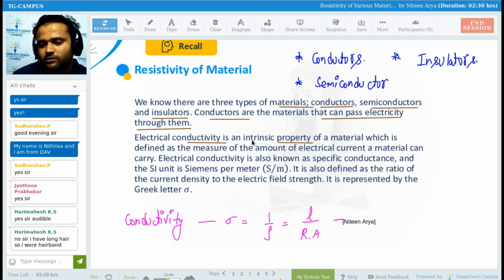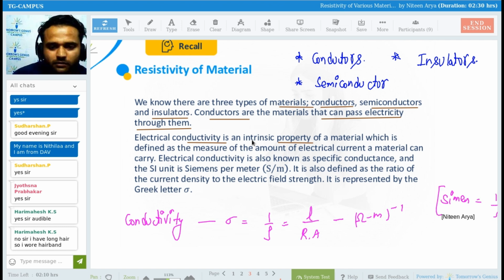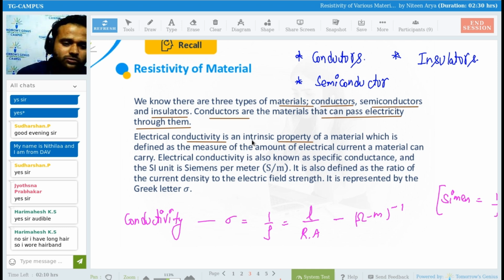So this is going to be this inverse, and that is Siemens per meter. So Siemens is what? 1 by ohm. Yes.